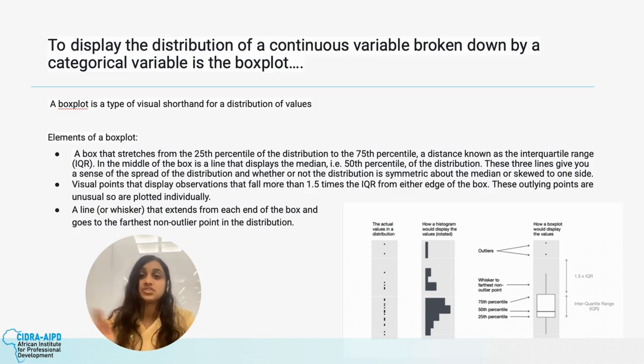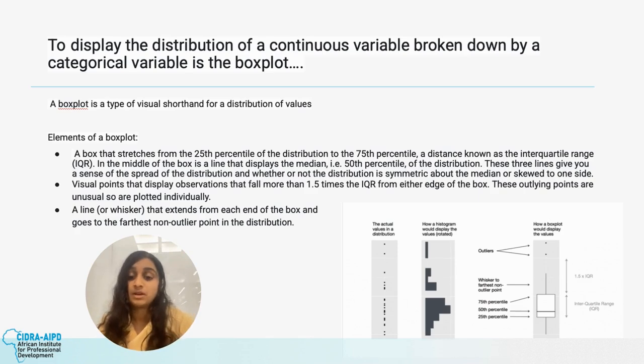This distance is known as the interquartile range, or IQR for short. In the middle, there is a line that displays the median, i.e. the 50th percentile of the distribution, and these 3 lines give you a sense of the spread of the distribution, whether the distribution is symmetric about the median or more skewed to one side.